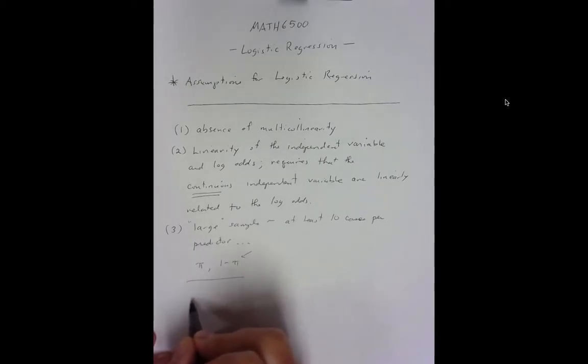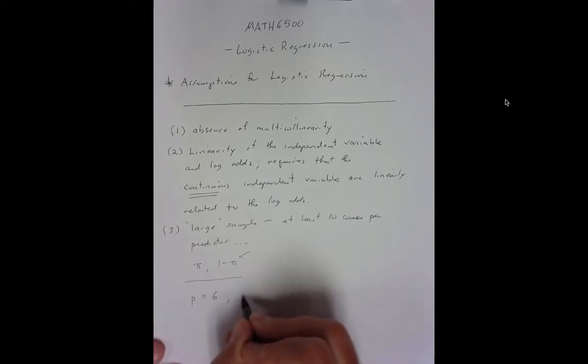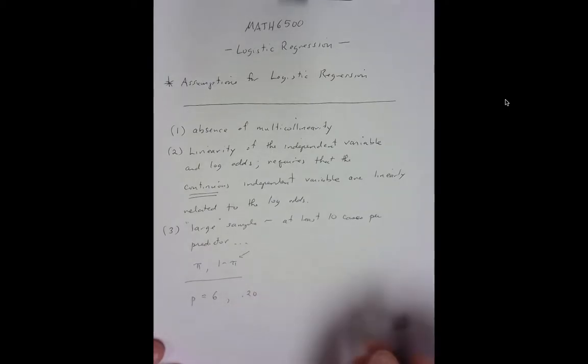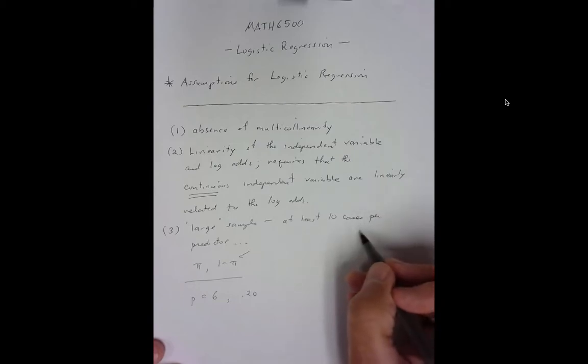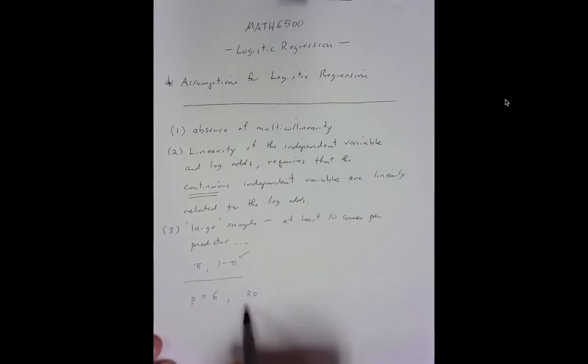Let's say that the number of predictors is equal to 6, and the expected probability of your least frequent outcome is 0.2. So let's say you have 1,000 cases, and you have 80% ones and 20% zeros. So the least frequent outcome would be the 20%.